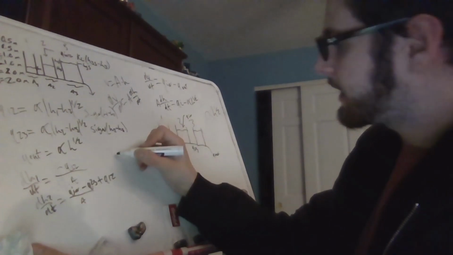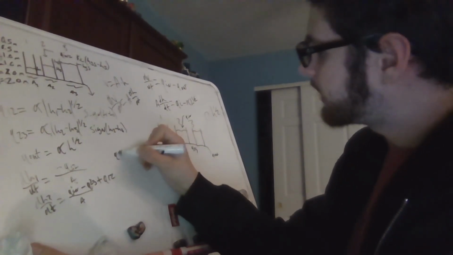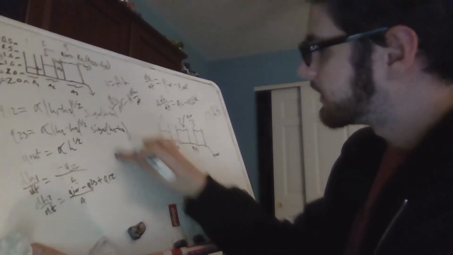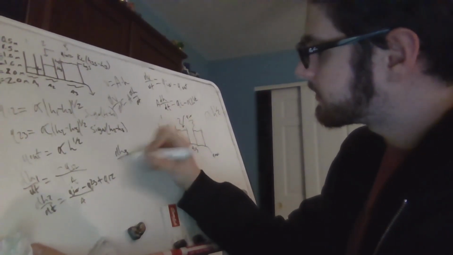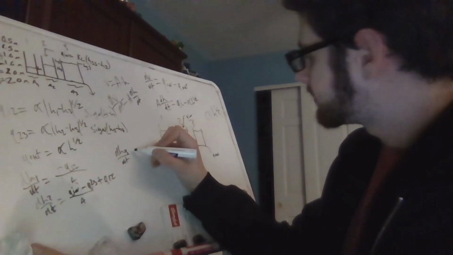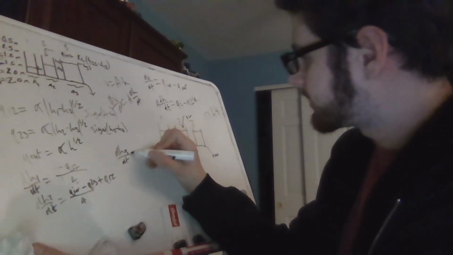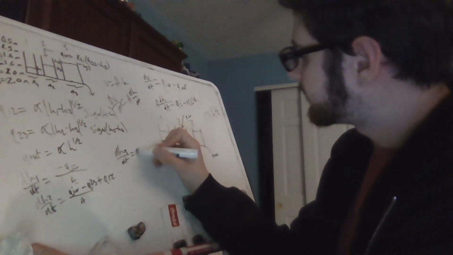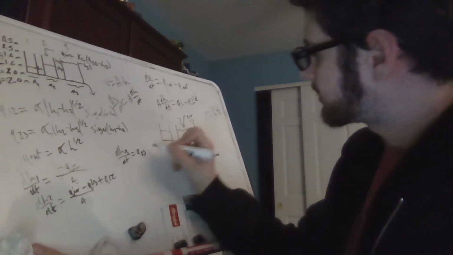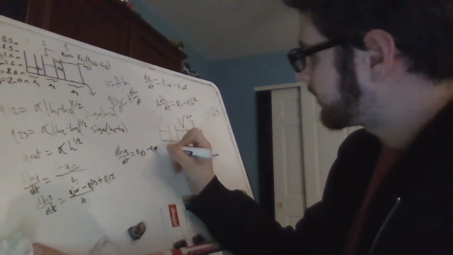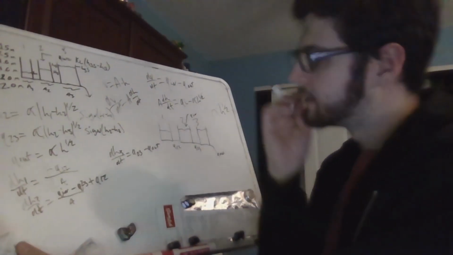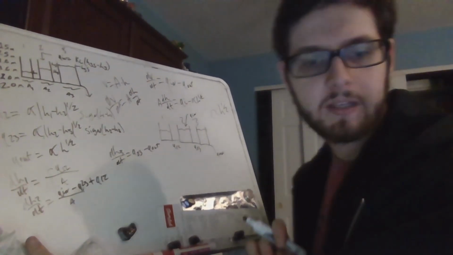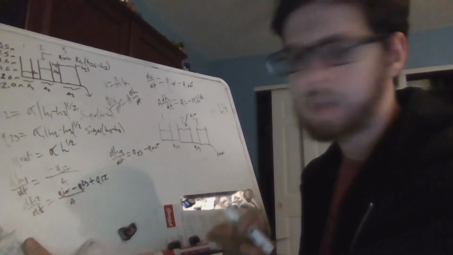And then we have dh3/dt, the third height, which is going to be equal to Q2 to 3 because that's going in, minus Q out. So there are all the equations there.